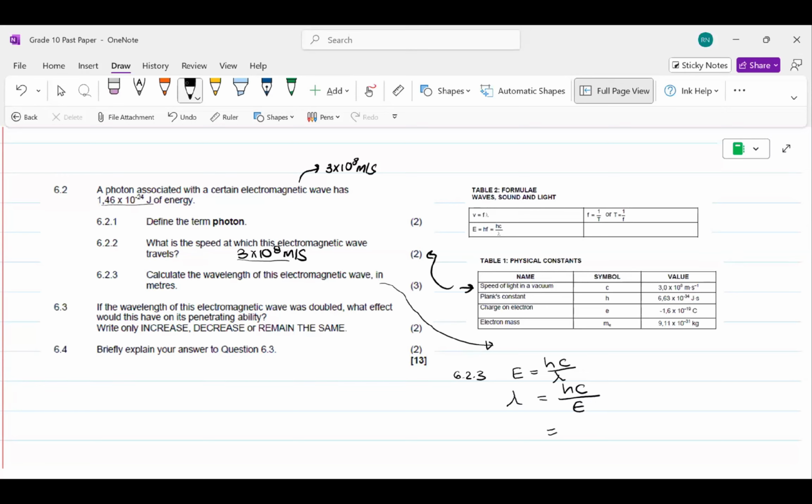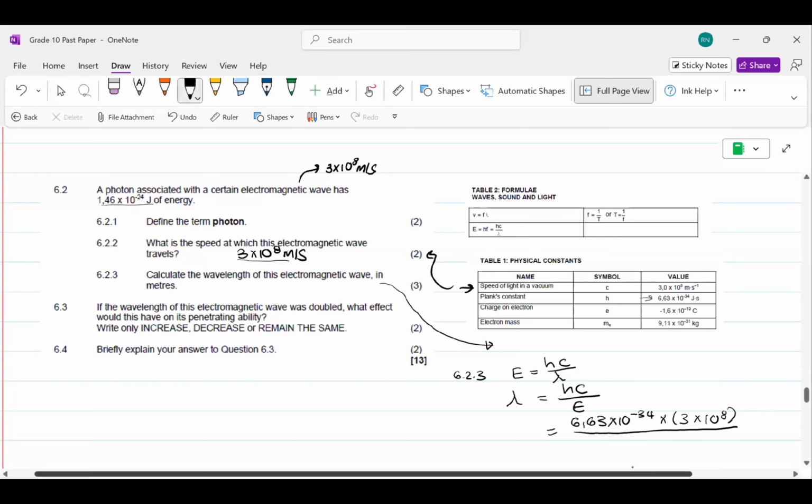They give Planck's constant to you as 6.63 times 10 to the power of minus 34, multiplied by the speed of light, which is 3 times 10 to the power of 8. And this is all going to be over E, which is our energy, which they gave us as 1.46 times 10 to the minus 24 joules.